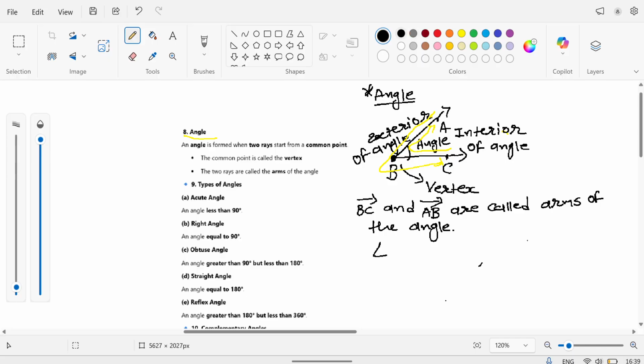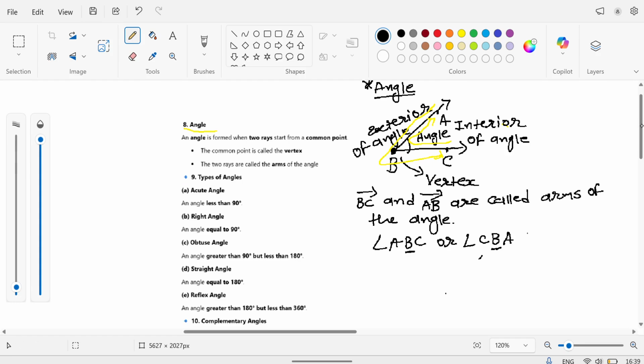So let's do both ways: angle ABC or angle CBA. In both cases, the vertex of the angle always comes in the middle of the other two letters.